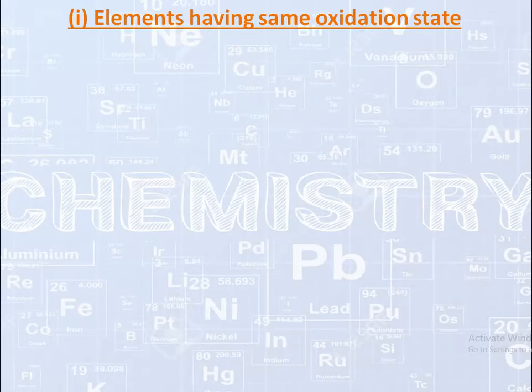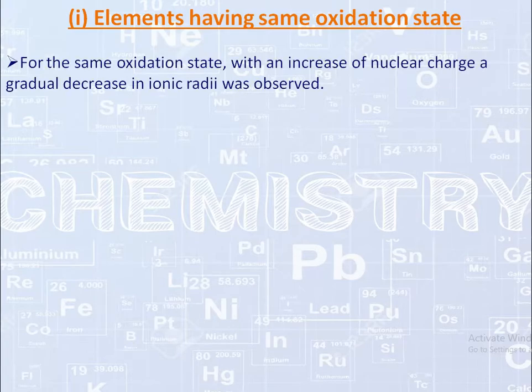So in short, we can say that for elements having the same oxidation state, as there is an increase of nuclear charge, a gradual decrease in ionic radii is observed.